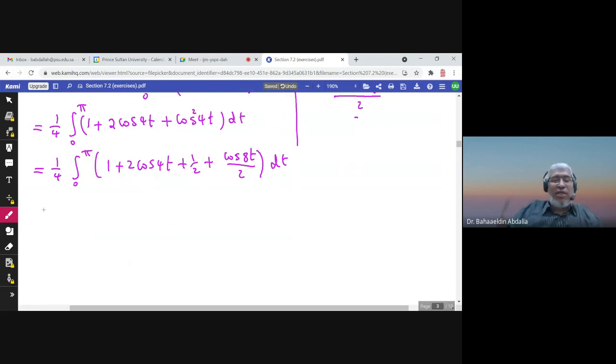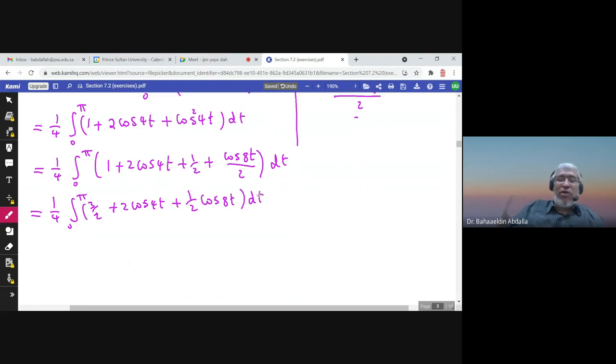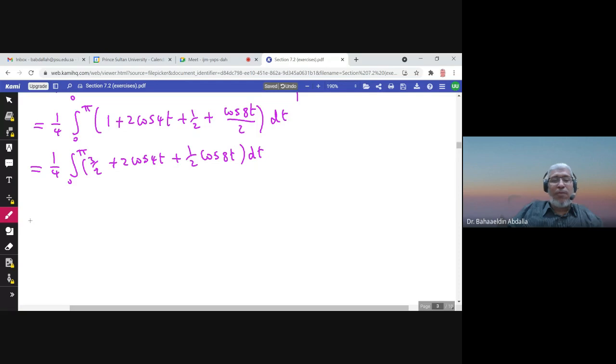So I will write the integral finally like this. 1 plus half, 3 over 2, plus 2 cosine 4t, plus half cosine 8t, and I am now ready to find the integral. So integral of 3 over 2 is 3 over 2t or pi minus 0.